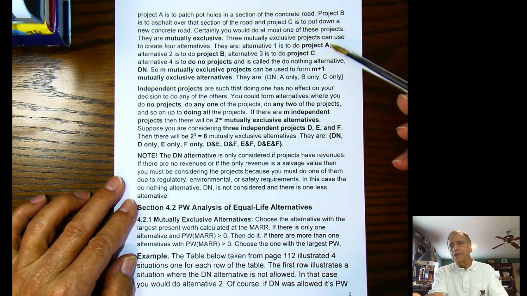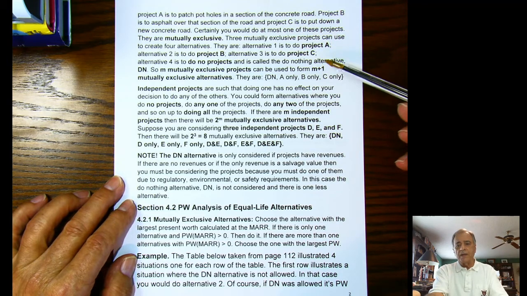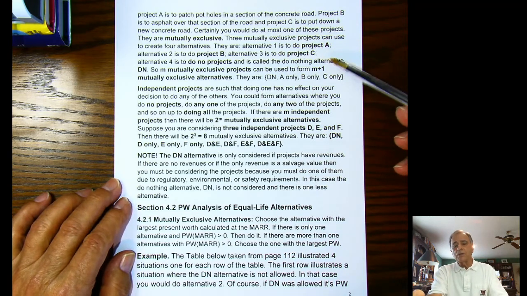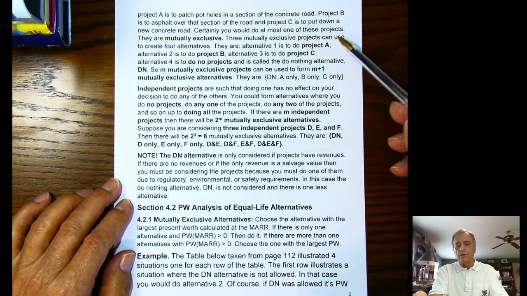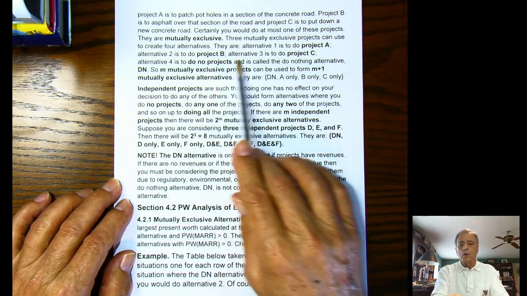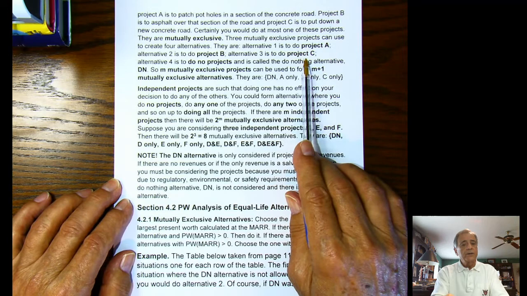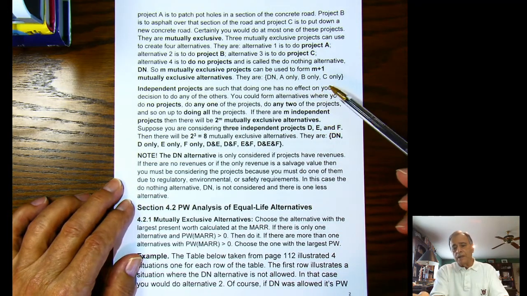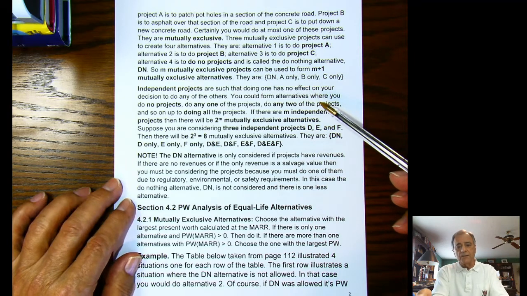It makes no sense to do all 3 of them, or even 2 of them, because they do the same thing. So you're going to do either project A, or project B, or project C, or you do none of them. That's a possibility in some cases, in most cases, in fact.